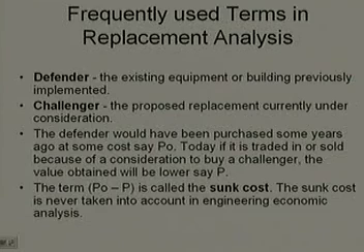This is already in place, so we define it as defender. Defender is one who is resisting the imposition of challenger over it. Now, what is challenger? Challenger is the proposed replacement which is currently under consideration. Say you might have a batching plant which is of 150 cubic meter per hour capacity. So, that we can term as a challenger.